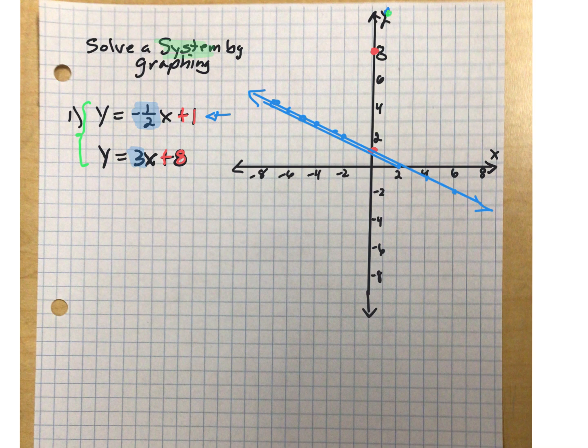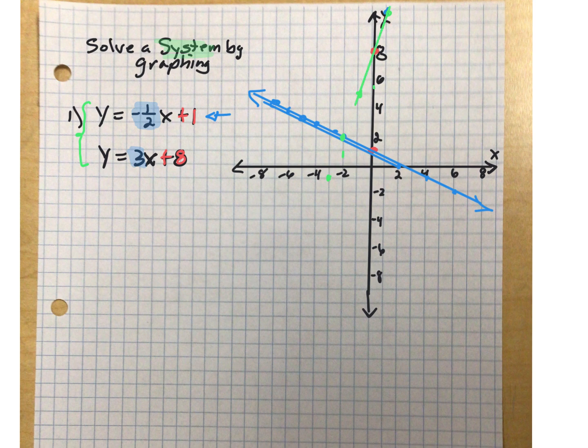And then we can go down 3 and left 1, down 3 and left 1, and we can keep doing that. Then we can grab a ruler and make a line that connects all those.